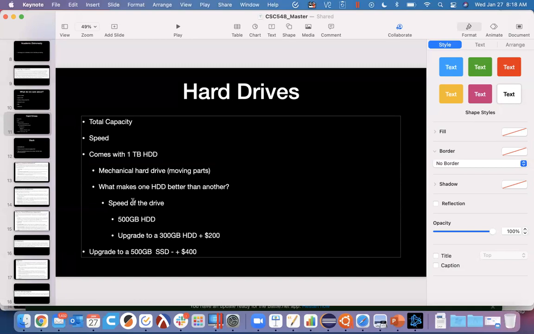So both of these are mechanical based technologies, but you're getting almost half of the capacity for more money. What was the differentiating factor between these two drives?